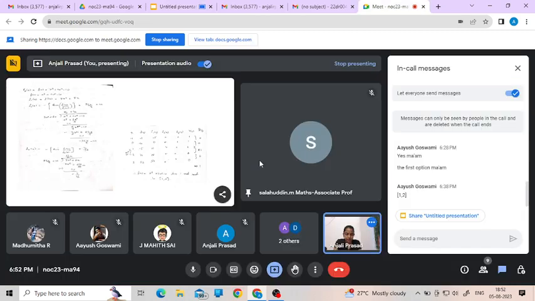Is it clear now? Try it, solve it and check it. Are you getting all these point values or not? If you have doubt in any of the steps, let me know.